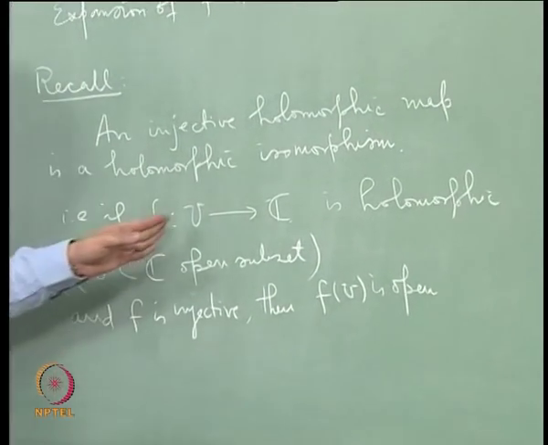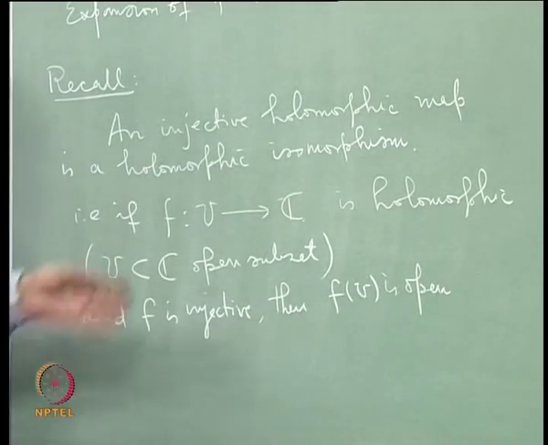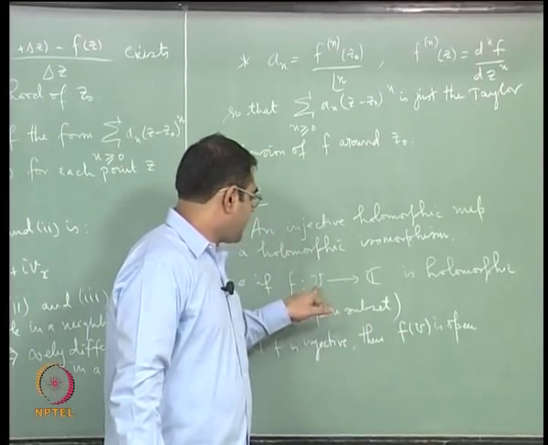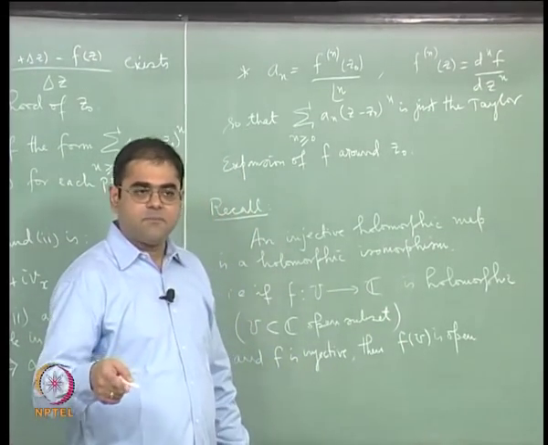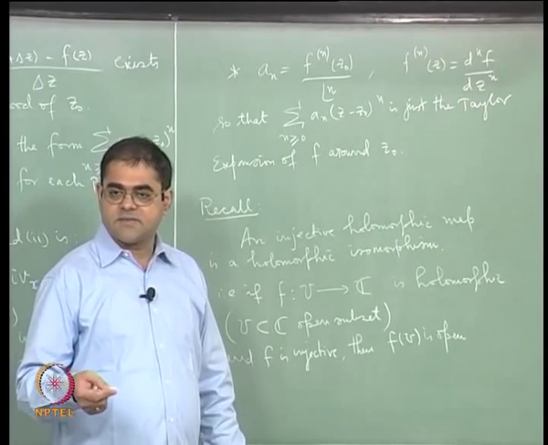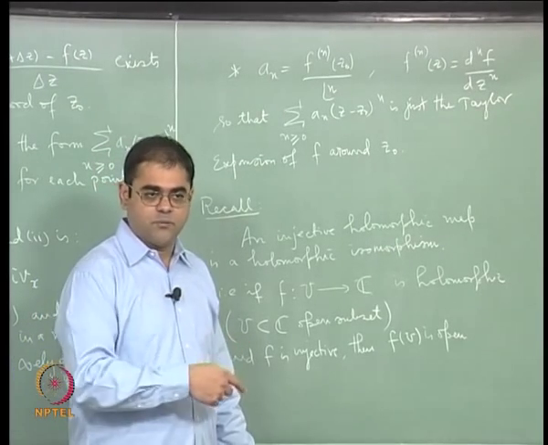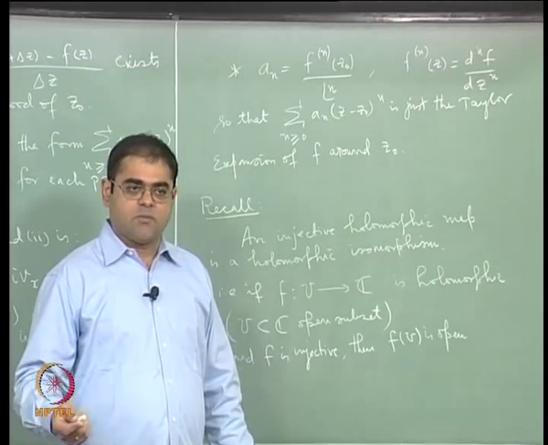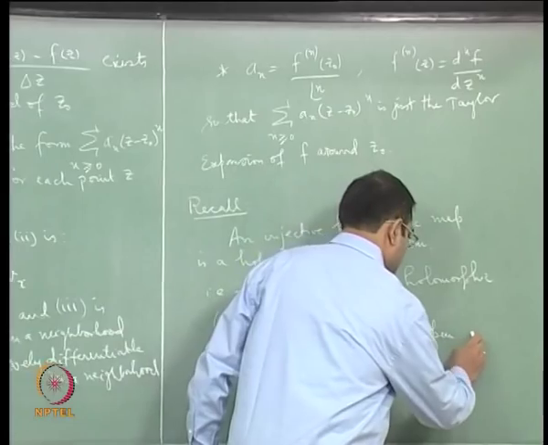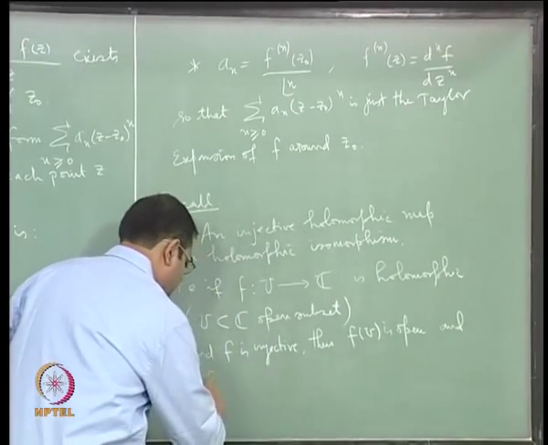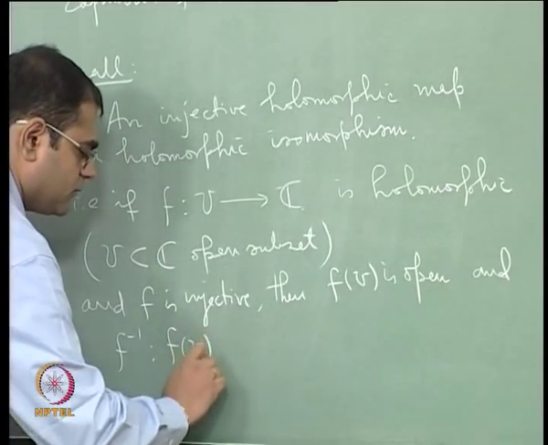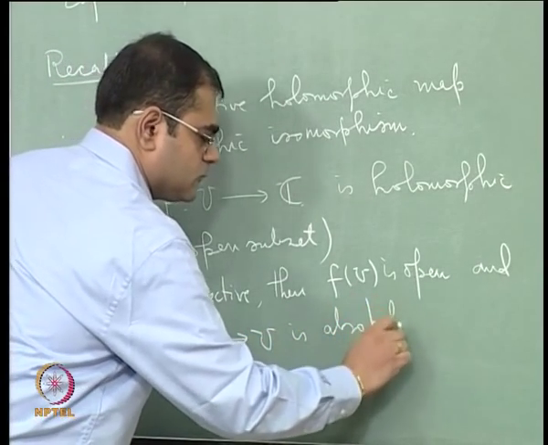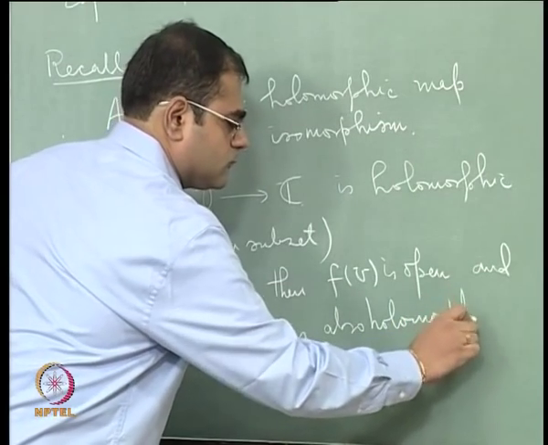In fact, f is what is called an open map. It will take open sets to open sets, okay, and since f from U to f of U is a bijective map, you can make sense of the set theoretic inverse from f of U to U, and it is a deep fact that that set theoretic inverse is also holomorphic, okay, and f inverse from f of U to U is also holomorphic.